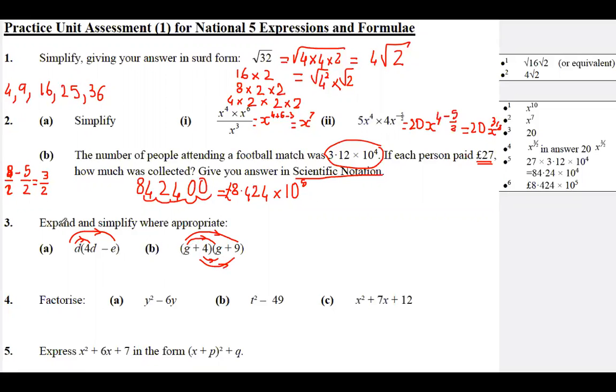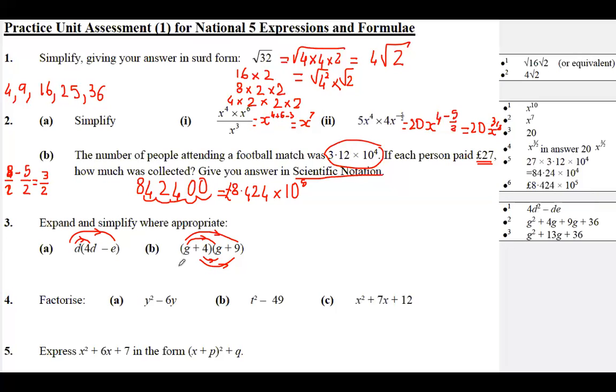And after that, remember it says expand and simplify. Then you would simplify because you get a 4G and a 9G. So 4G plus 9G would be your 13G.